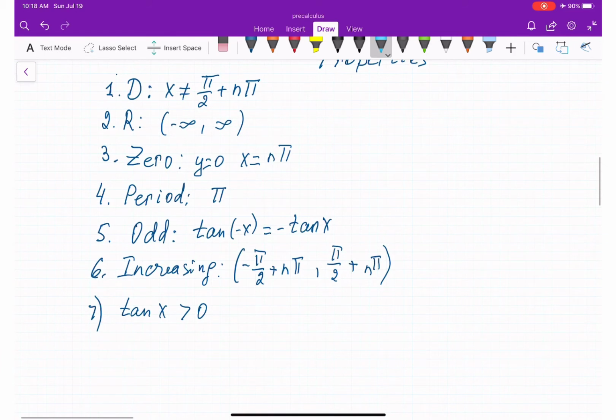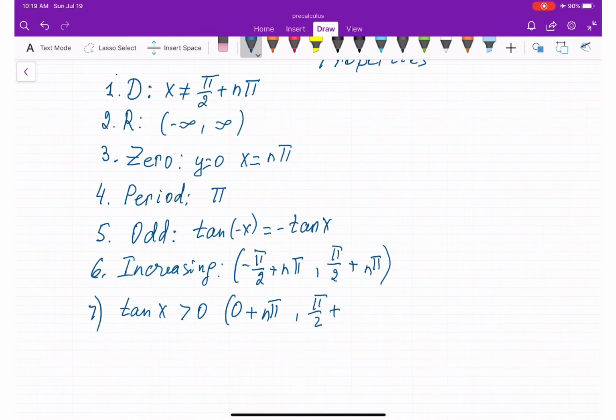So let's mark this down. It's greater than 0 at the point from 0 to half a pi. Let me write down 0 and half a pi. And 0 can repeat itself every pi, or n times pi.